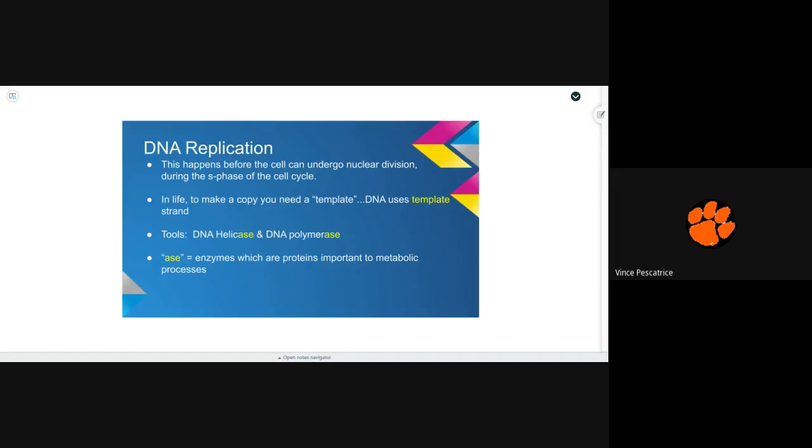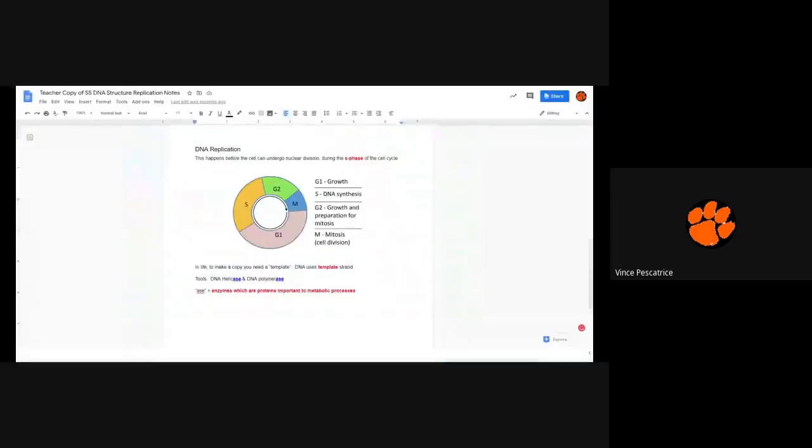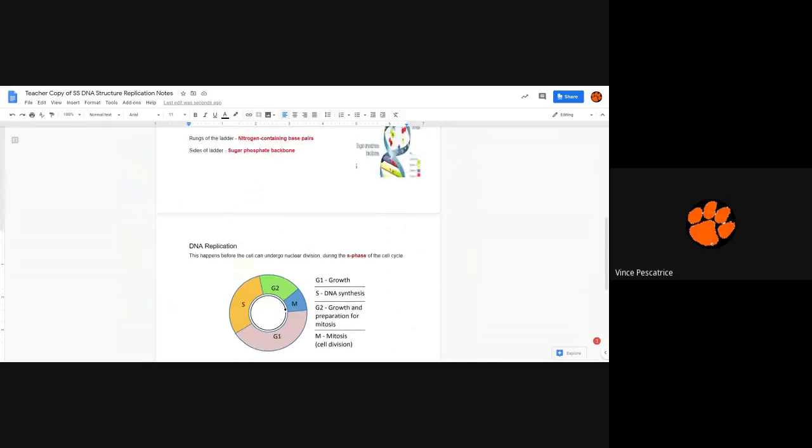So that means it's important in metabolizing these proteins. All right, so that should take you through the end of your notes right here.